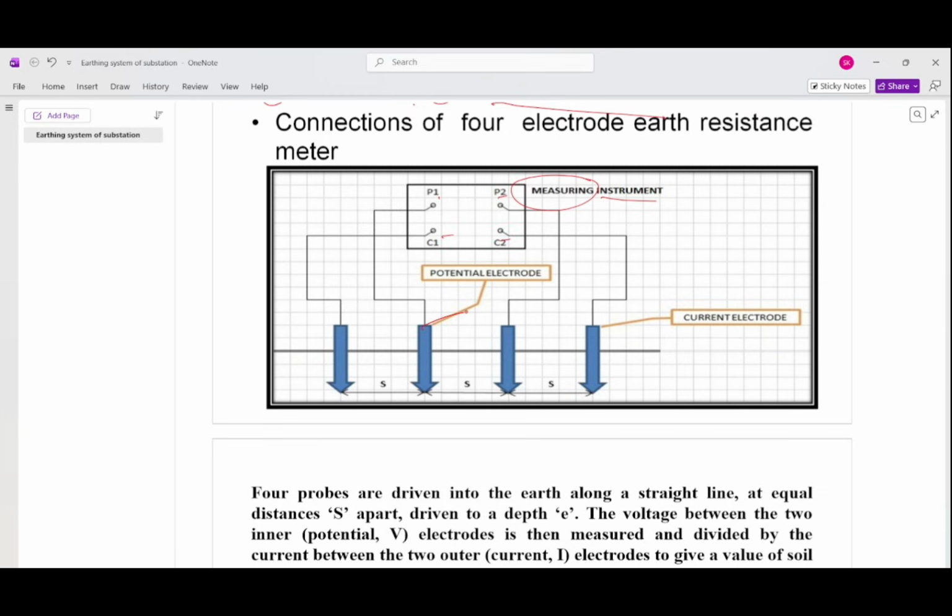Potential terminals are internal, these two are potential P1, P2, and these are current terminals C1, C2. The same spacing is provided between the electrodes.